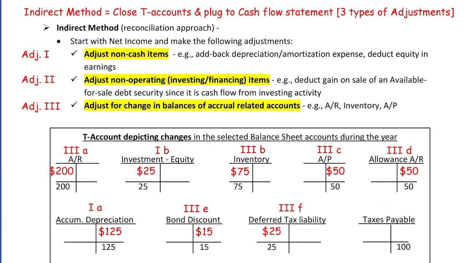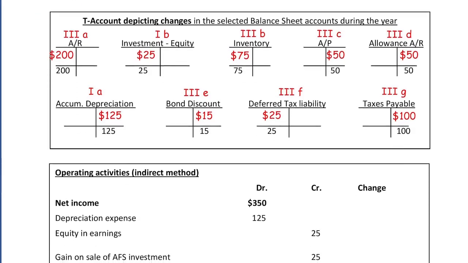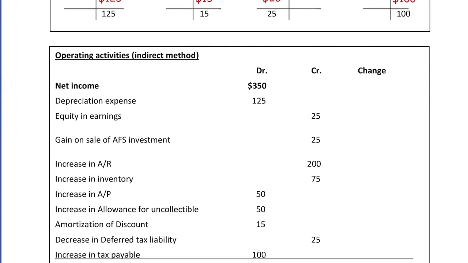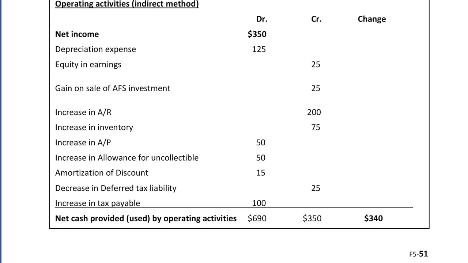Taxes payable, write 3G and the credit number here is $100. So now we've looked at all the T account changes. Let's look at the operating activity section and we're looking at the indirect method here. So you start with highlight net income $350. Then we'll do all the adjustments.